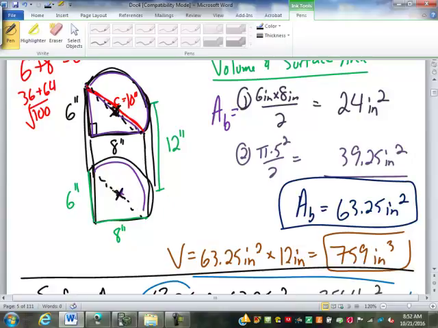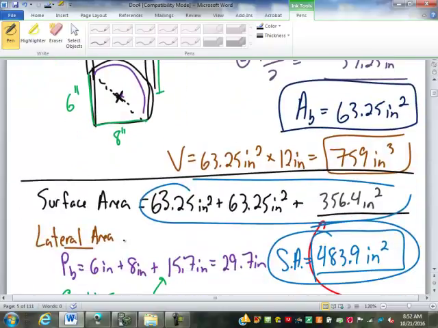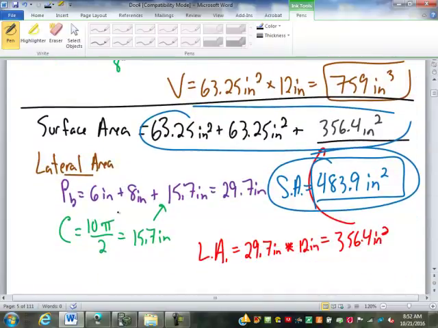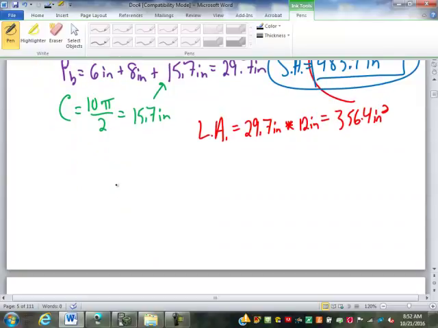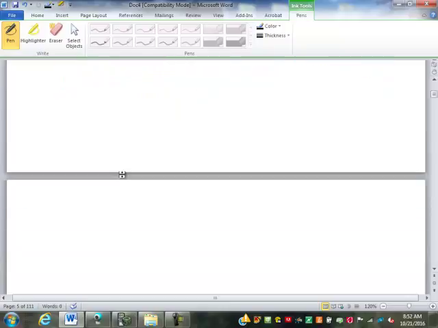Whenever you see that X type thing, that's the center of a circle. So you can see, since that center of the circle is on the line, that has to be a half circle. Will that show up on a test when you put an X in the center? You can just assume it's a half circle or a quarter circle if it looks like one. If it's something other than a half or a quarter circle, it'll be labeled with an angle.